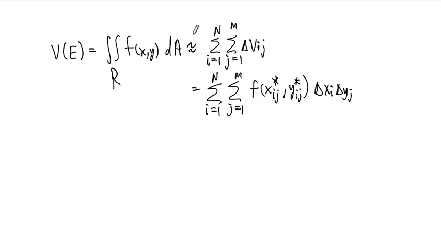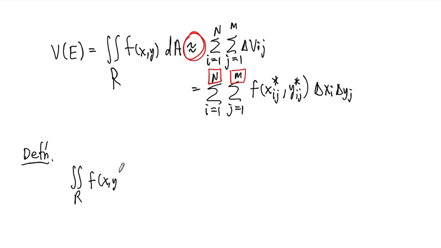Okay, this is approximately what we're looking for, and you can probably guess that to get the exact answer, what we have to do is take a limit as the number of boxes approaches infinity. And so here's our definition of our double integral as a Riemann sum. So our double integral over a rectangle of a function f of x, y dA is equal to the limit as both n and m approach infinity.